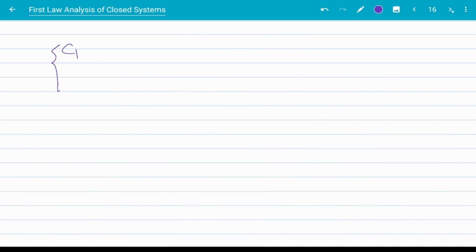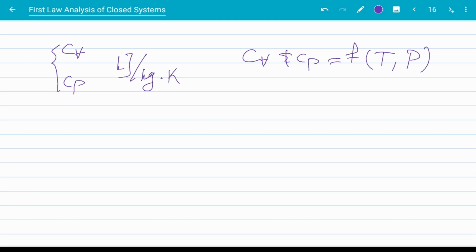Now, both Cv and Cp have the same unit in SI, that is kilojoules per kilogram Kelvin. Generally speaking, both Cv and Cp are functions of both temperature and pressure of the substance, and we have tables to read Cv and Cp from.